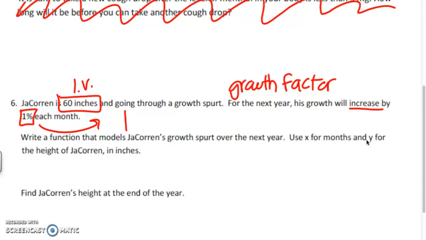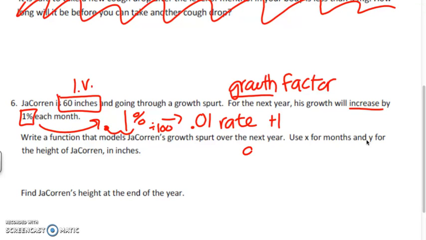So what you have to do is, again, to go from percentage to a decimal, you can move the decimal twice and get 0.01, or you can divide 1 by 100, and 1 divided by 100 is 0.01. Okay? So once you have your rate in a decimal form, you need to add 1 because it's growing.